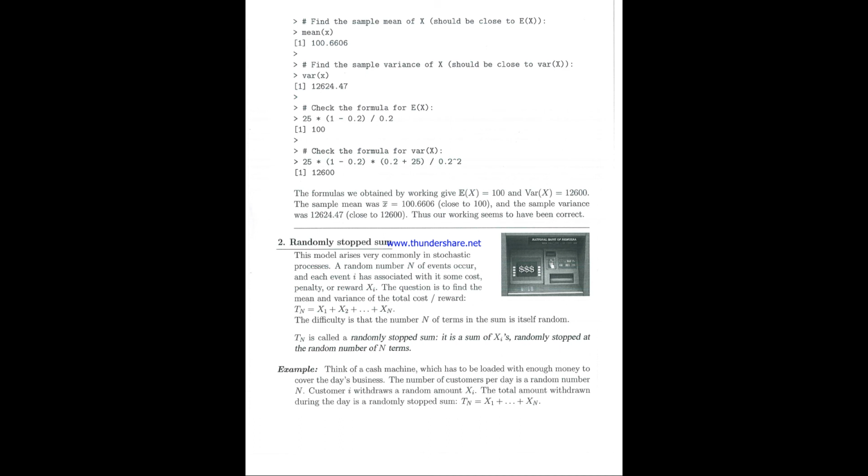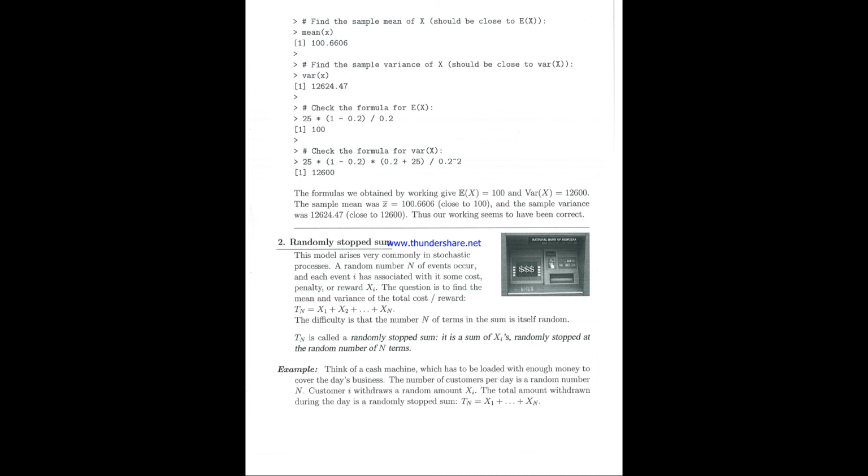All right, so the next thing that we are going to discuss is the randomly stopped sum. This is also a very important concept in stochastic processes.